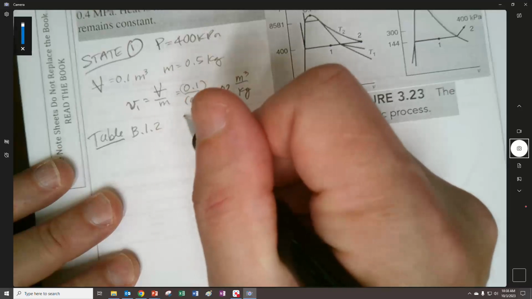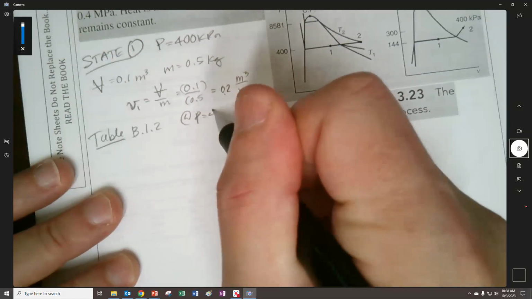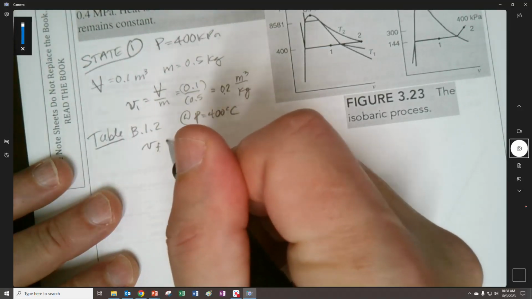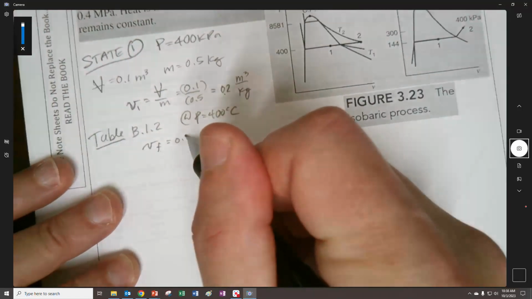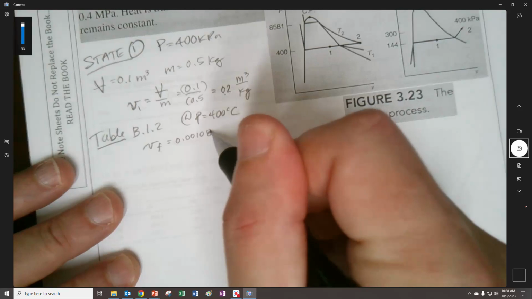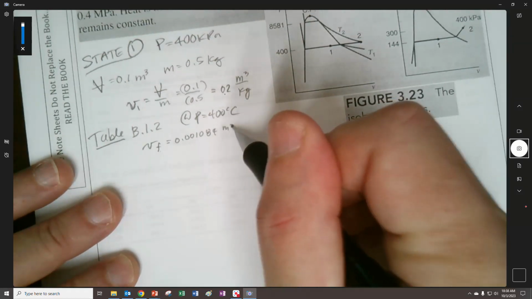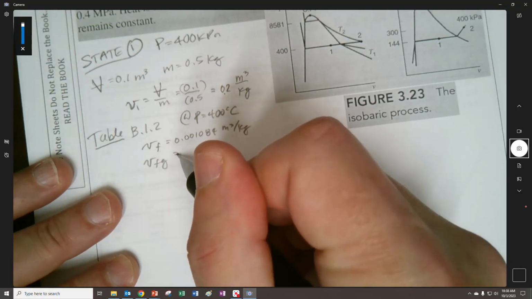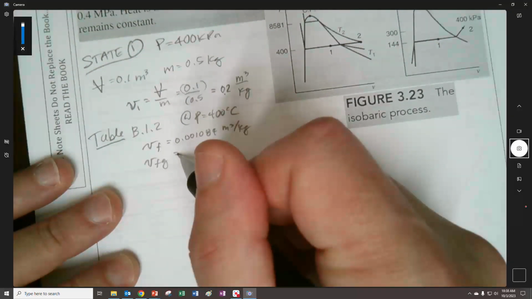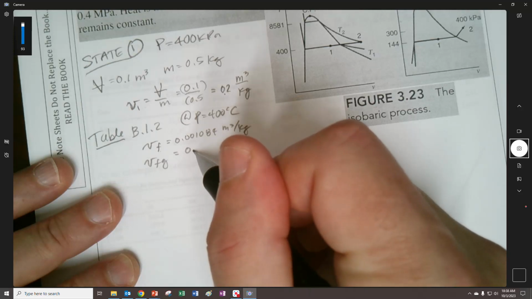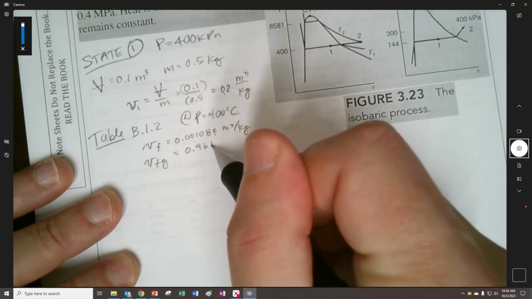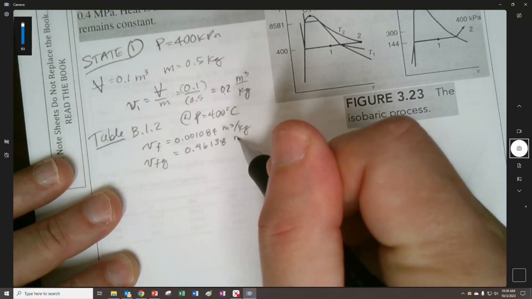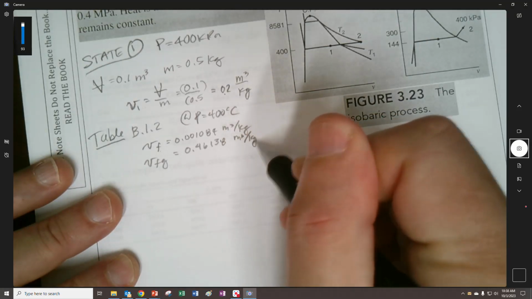So at T equal to 400 degrees Celsius, we get a Vf equal to 0.001084 cubic meters per kilogram and a Vfg equal to 0.4613 cubic meters per kilogram.